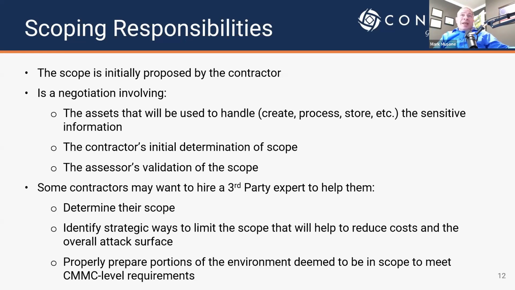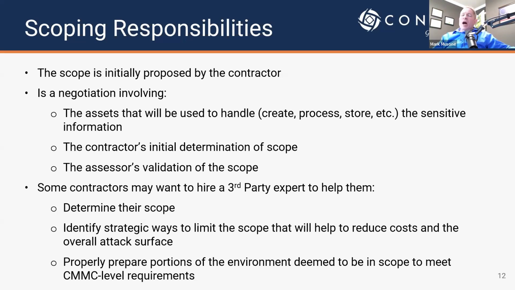So the scoping really is initially proposed and determined by the contractor itself. The contractor essentially will say, I want this thing certified for CMMC. And then from there, it's kind of a negotiation involving those assets, the contractor's initial determination of the scope, and the assessor's validation of the scope.